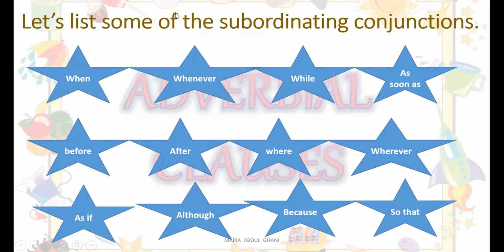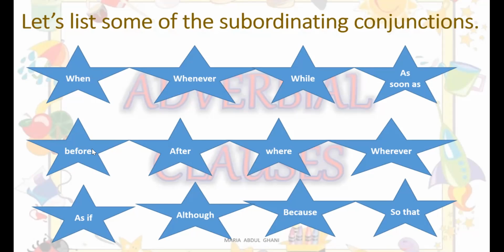Contrast. Yes, it's used for showing difference. She is tall while her sister is short. It's for showing contrast. As soon as has the same meaning as when, so it's an adverb of time.